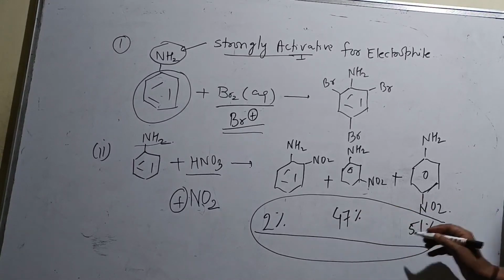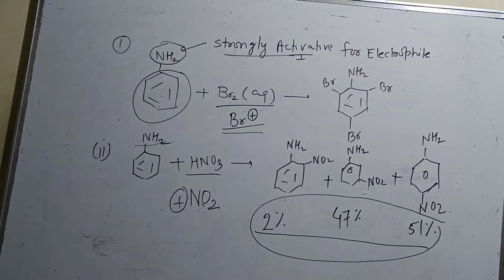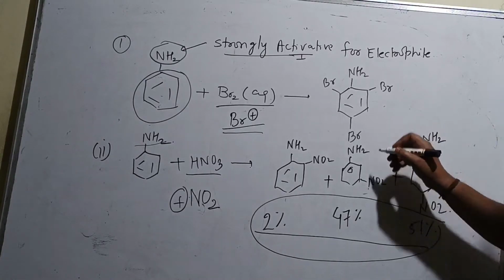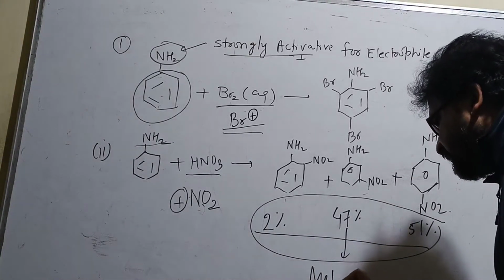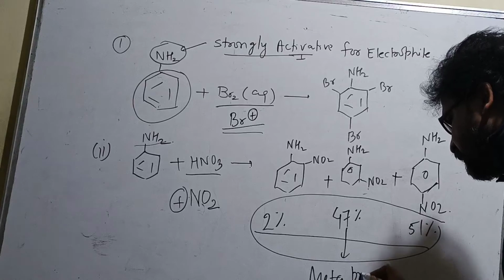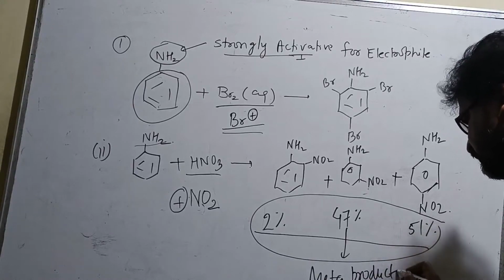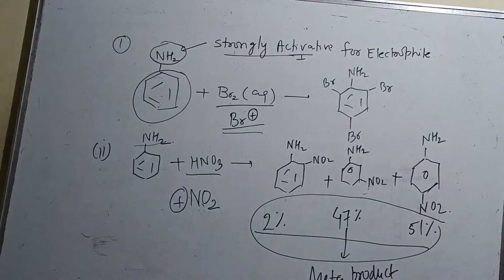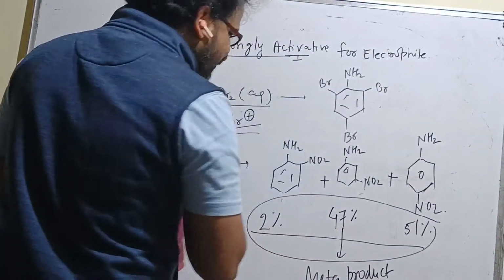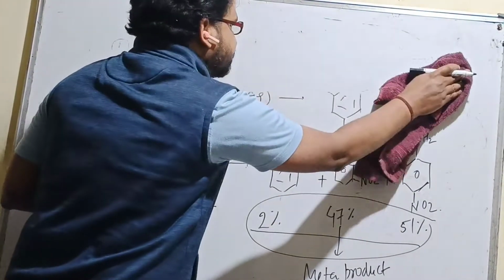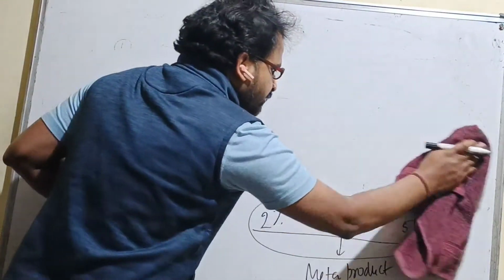So 2%, 47% and 51%. You are getting a significant amount of meta product, which was not expected. So let's try to understand why this meta product has formed.